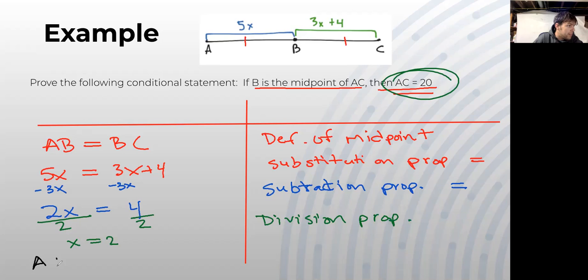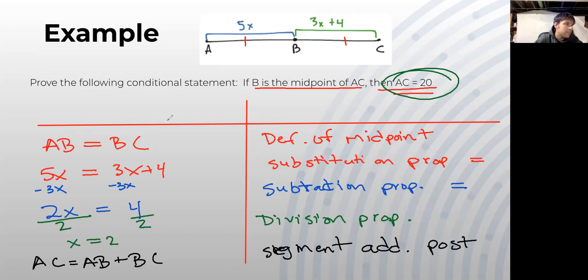So I'm going to say that AC is equal to AB plus BC. That is the segment addition postulate.